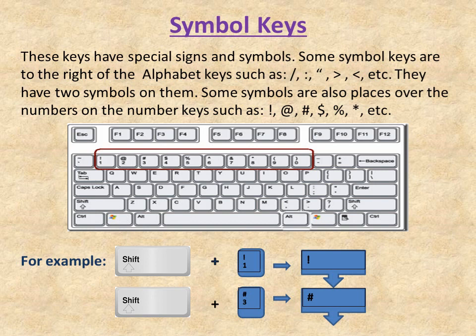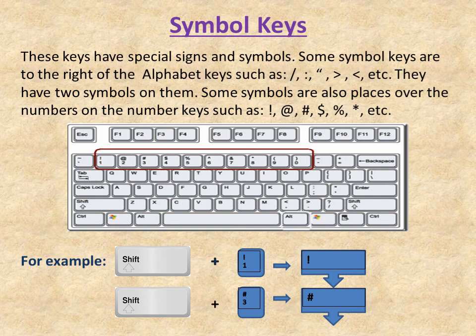Some symbols are also placed over the numbers on the number keys, such as exclamation mark, @, hashtag, dollar sign, percentage and multiplication sign, etc. Here in the picture you can see just over the number keys there are some symbols.